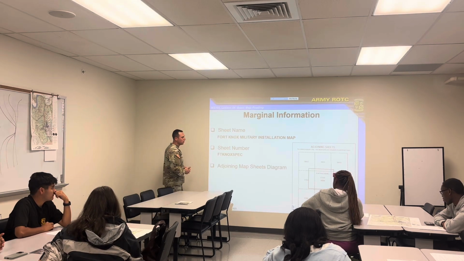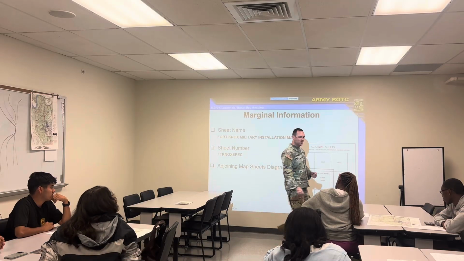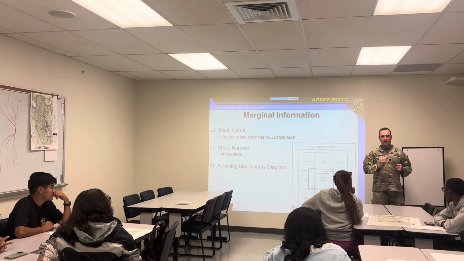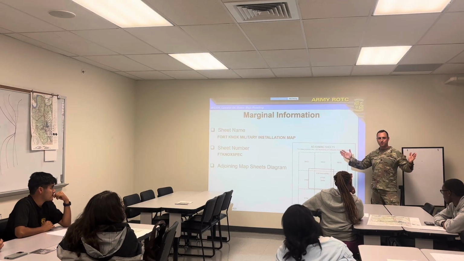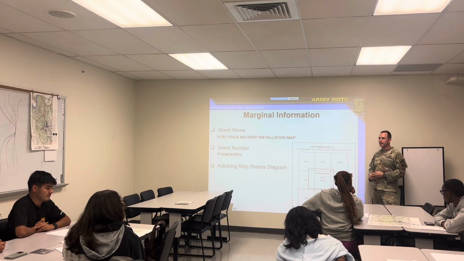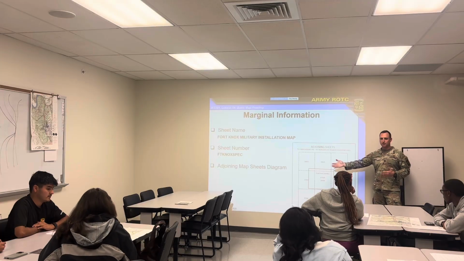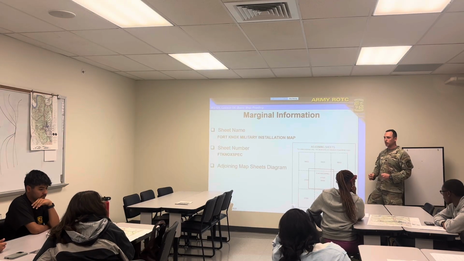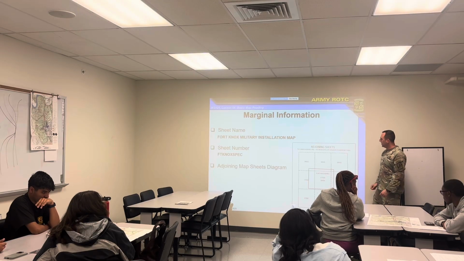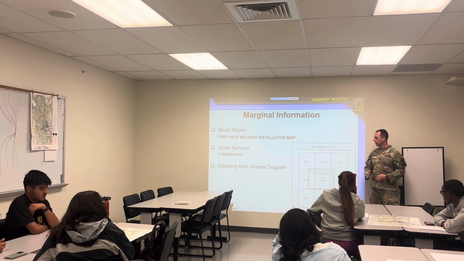So what does this show, right? Well, sometimes we have operations that cross from one map into another, right? At some point, the paper has to be cut off because it'll be too big, but the real world just keeps rolling, right? So in order to know where we are, but also where we're going if we're moving from map to map, each map will have this diagram as long as it's part of the standard military map set.